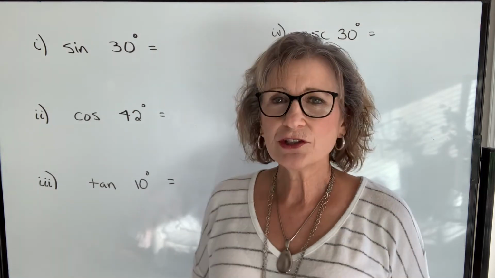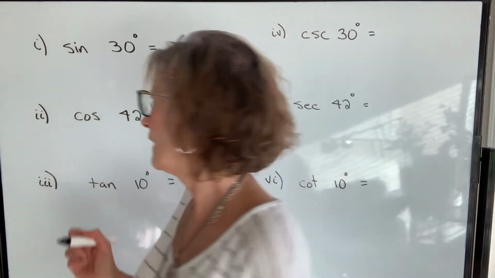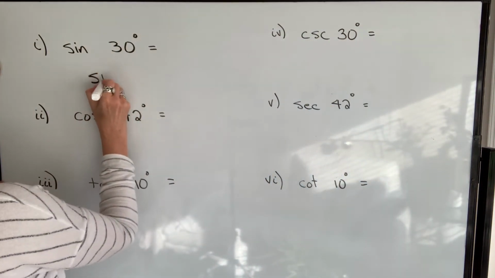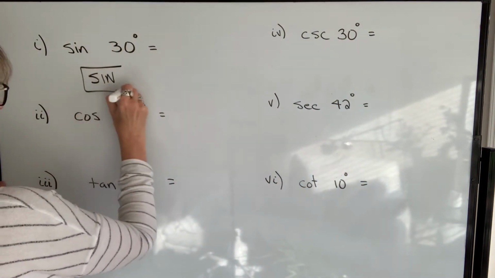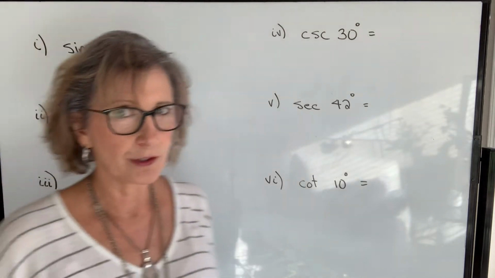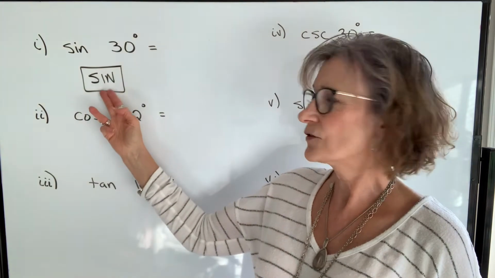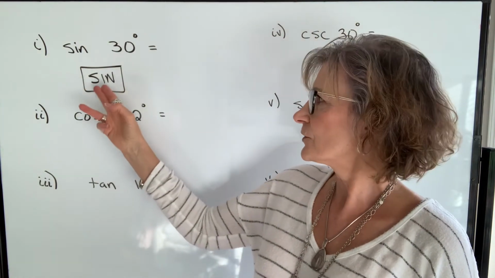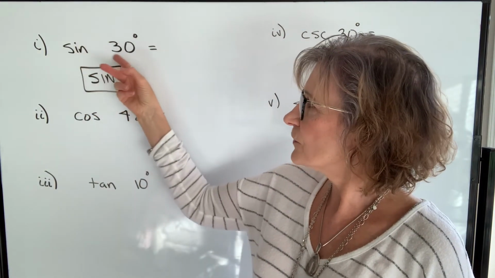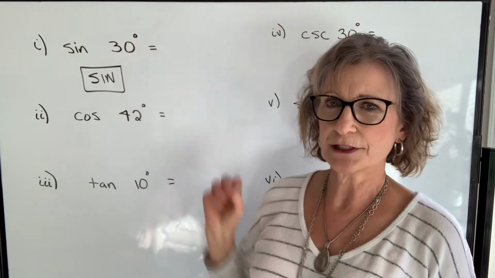So if you punch it into your calculator, you will notice that you will have a sine function. And depending on your calculator, you may need to enter the angle and then your sine function. Many of you will enter it just the way you see it written here, sine of 30 degrees.